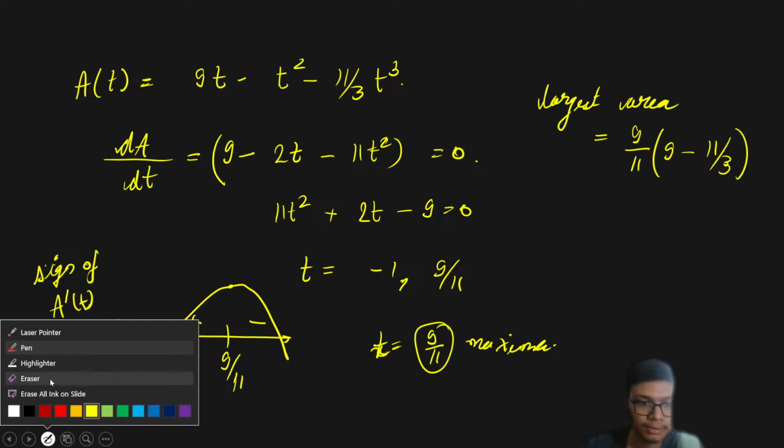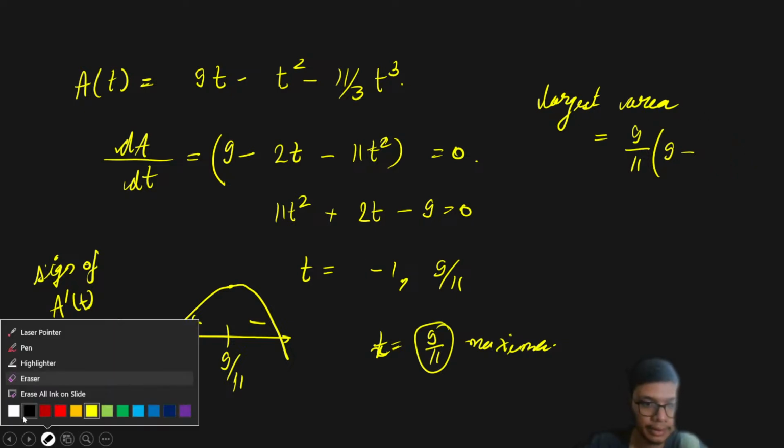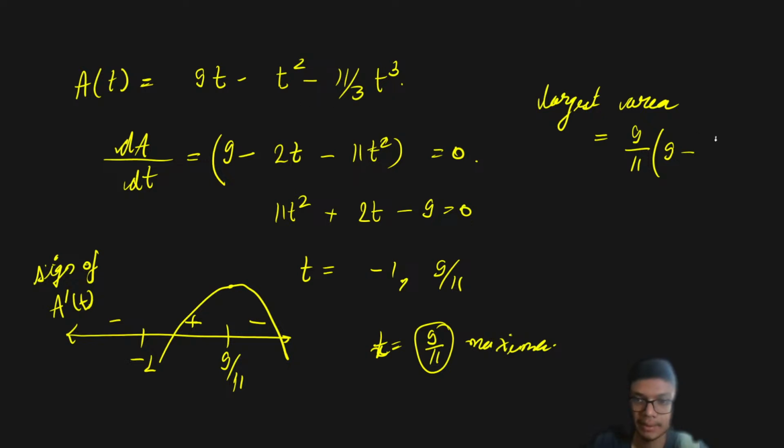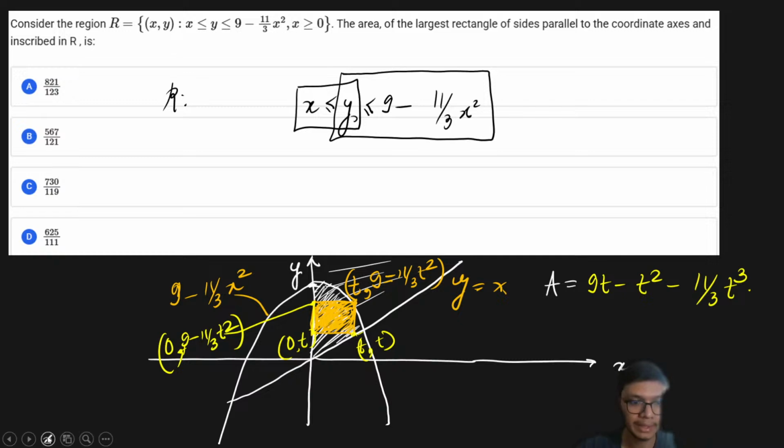So this is going to be 9 minus 9 by 11 minus 11 by 3 into 9 by 11 whole square, right? Once we simplify this, we're going to get the largest area as 567 divided by 121. So from here, option B is going to be the correct answer to this particular problem.